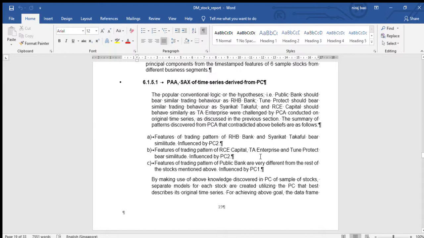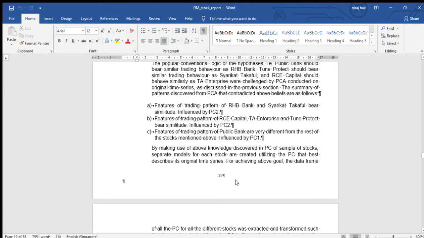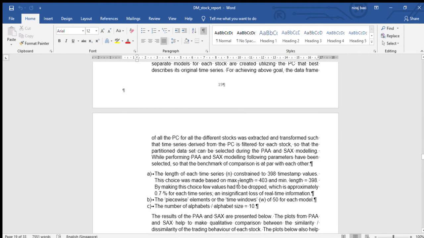We are going to similarly test the correlation between the other stocks, RCE Capital, TA Enterprise, and Tune Protect, whether they are still strongly influenced by PC2, but this time in the form of a time series. And similarly, whether Public Bank really has a unique time series behavior compared to the rest of the stocks. So that is a new information by which we can take a look at the stocks and their behaviors in a new dimension.